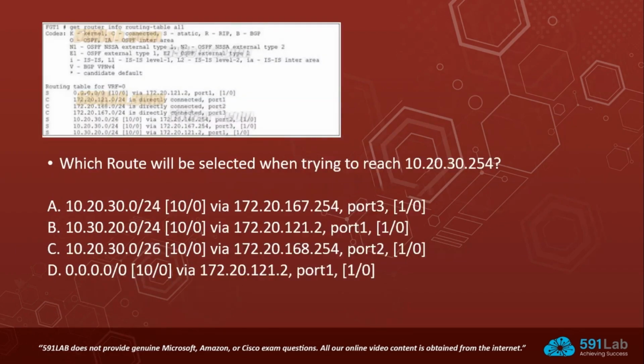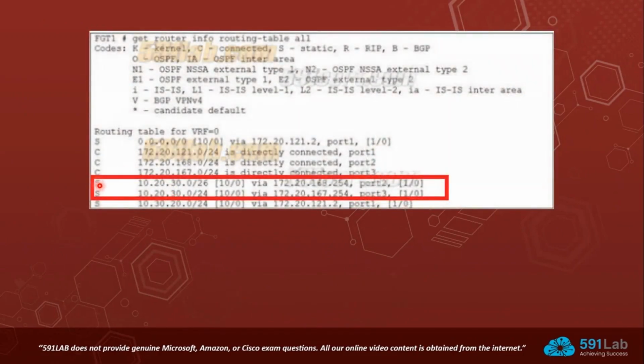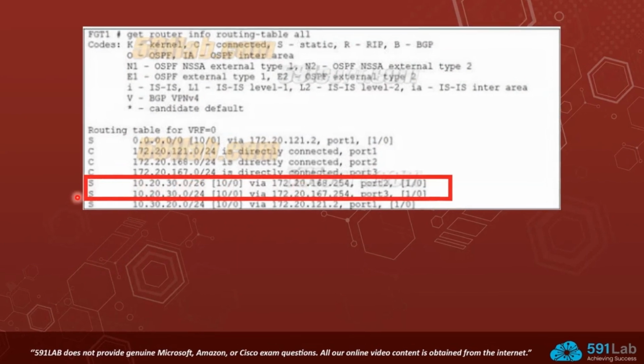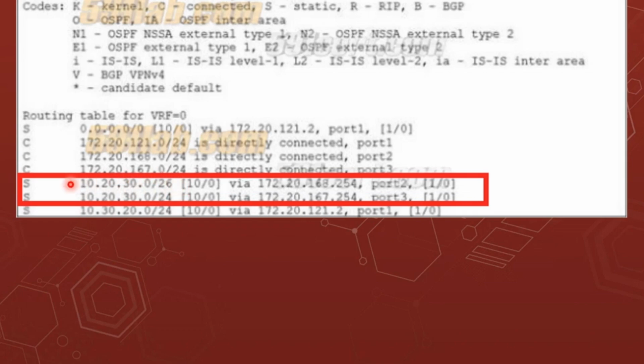Okay, let's go to the first question. Refer to the exhibit. Which route will be selected when trying to reach 10.20.30.254? Okay, let's find out the correct answer. When you look at the routing table clearly, you can see there are two static routes towards the 10.20.30.0 network.